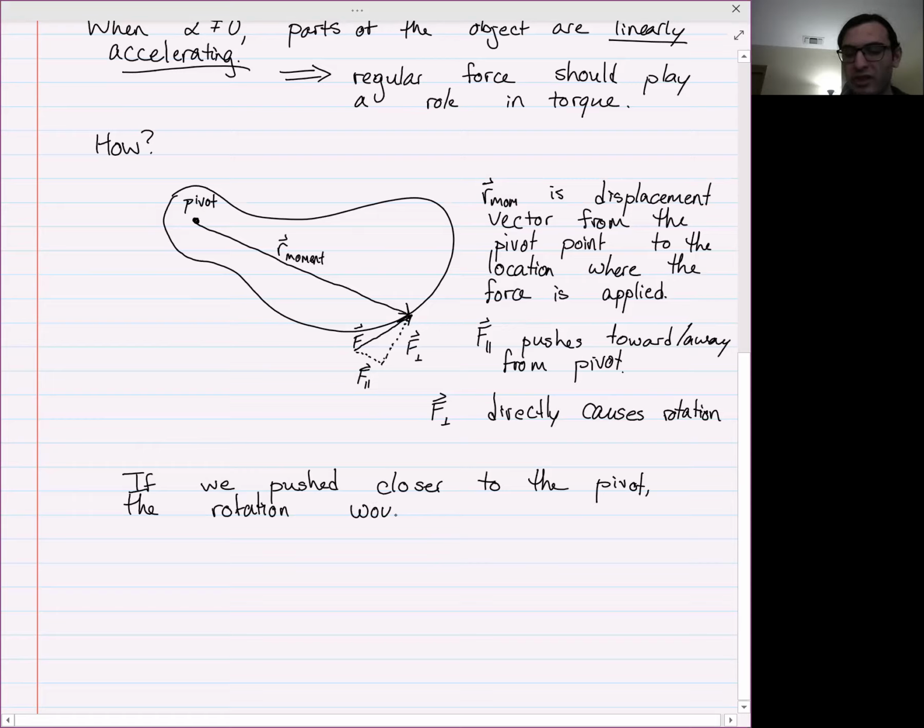One way to think about this is there's a reason why we put the door handle on the other side of the door from the hinge, right? Because it's easiest to push it far away from the pivot point. Similarly, if the perpendicular part of the force that we apply is small, the rotation is also less.